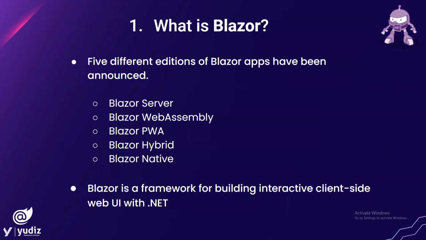Now, next is Blazor Hybrid. At first, I will give you one example of Blazor Hybrid. Like, if you want to create one website, one Android application and one iOS application for the same project, what will we do? Anyone have an answer?